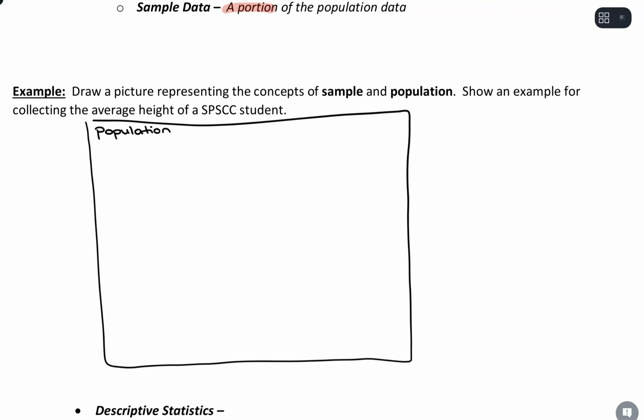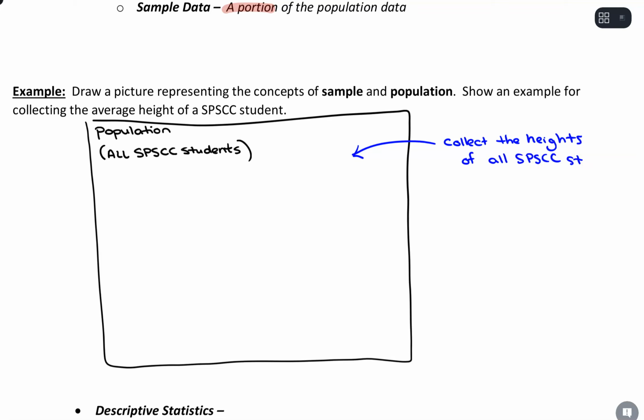For this case, where we're interested in the average height of SPSCC students, our population would be all SPSCC students. This is where we get information from absolutely everyone. In terms of what we would do with this population data, we collect the heights of all SPSCC students, and then we take the average.